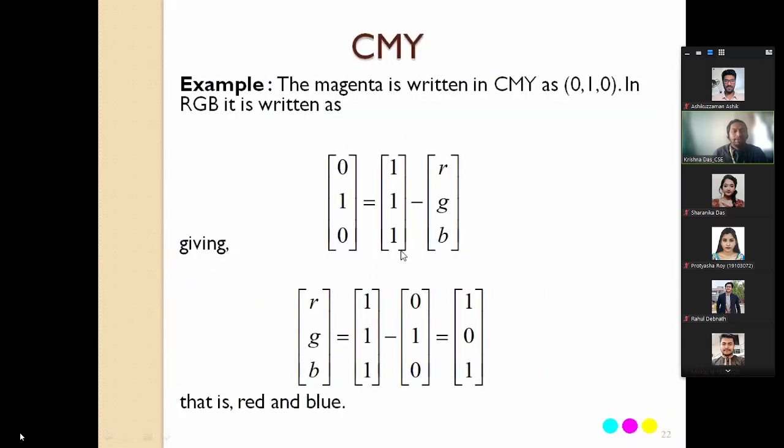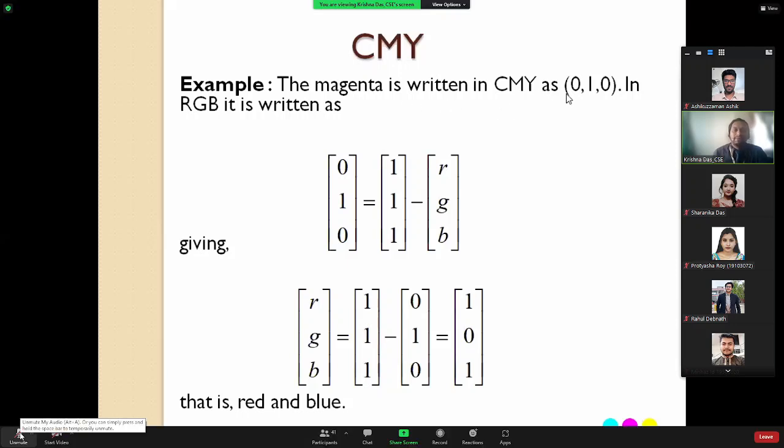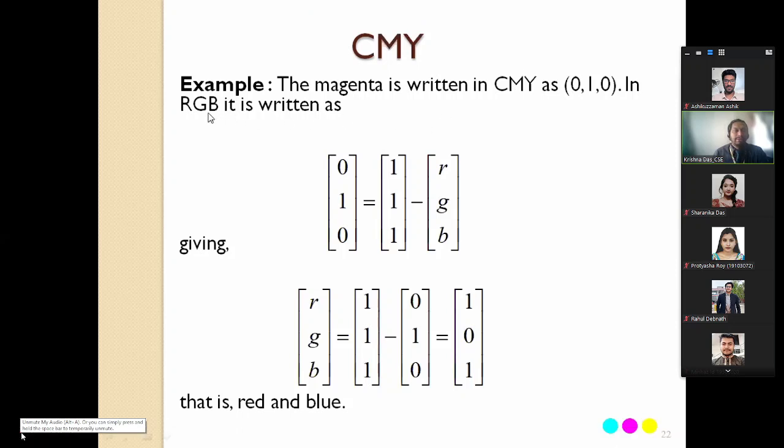In the same way, if magenta is given in CMY as 0, 1, 0, what should it be in RGB? We can put it in the formula CMY equals 1 minus RGB. So 0, 1, 0 equals 1, 1, 1 minus RGB. If we put RGB on this side and CMY on the other side, we get 1, 1, 1 minus 0, 1, 0.